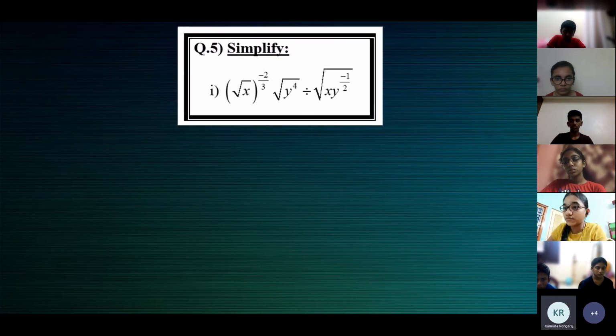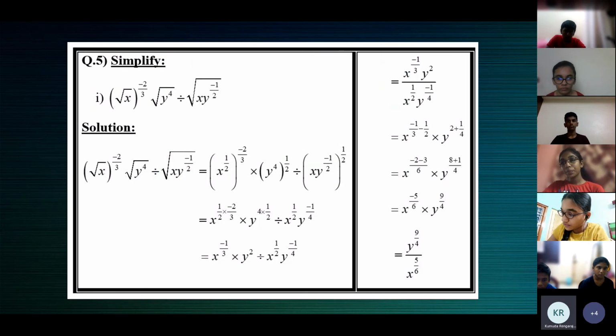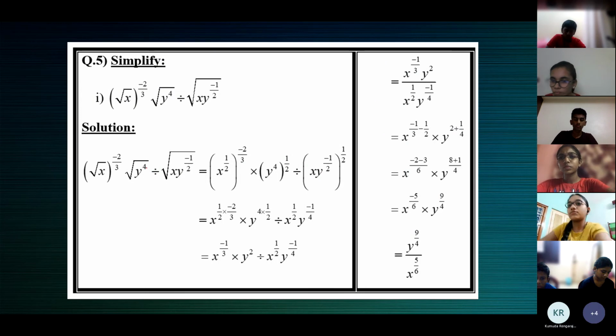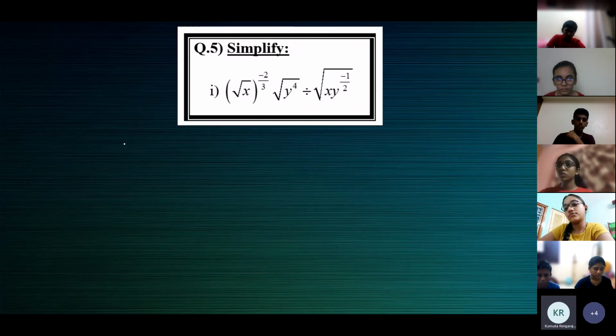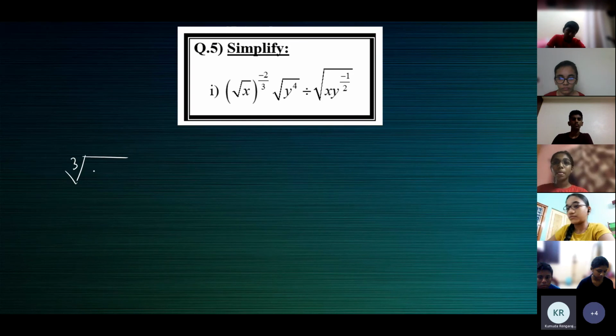This is the first one. Let's recall: how do we write this in the exponential form? This is the radical form.